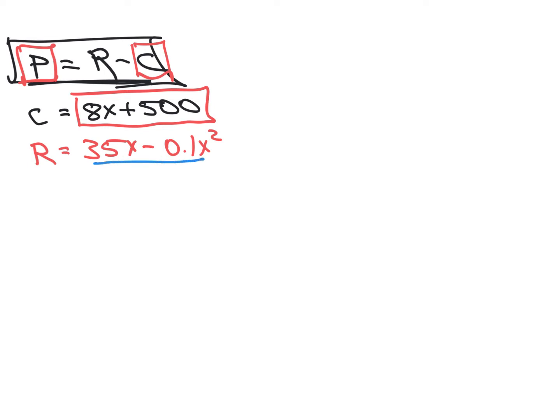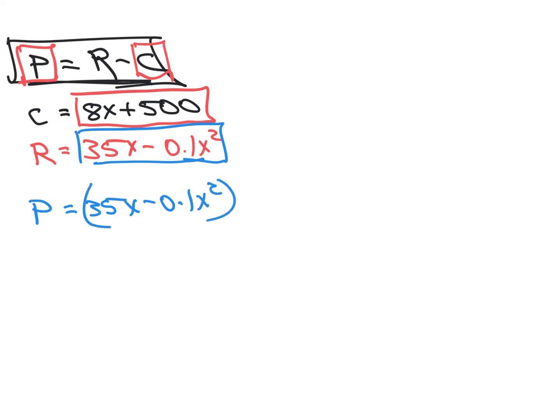So we look at our original formula. We're looking for profit, and it's R minus C. Instead of putting R in there, I'll put that in parentheses. That's my R. And my C is 8x plus 500, again in parentheses.